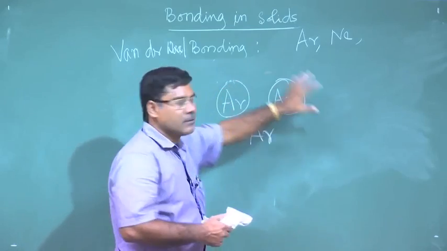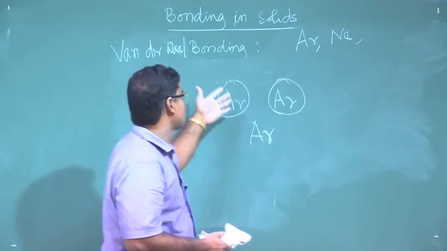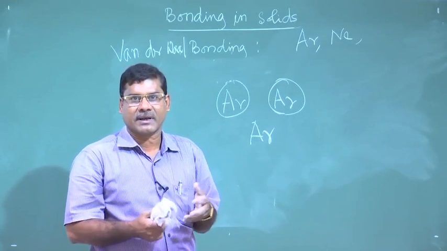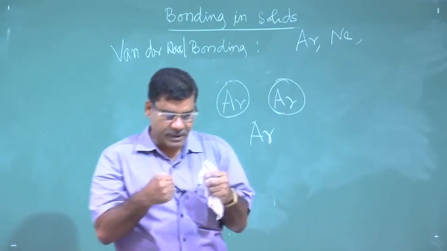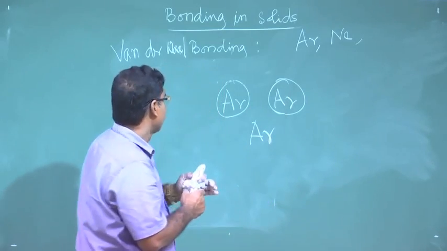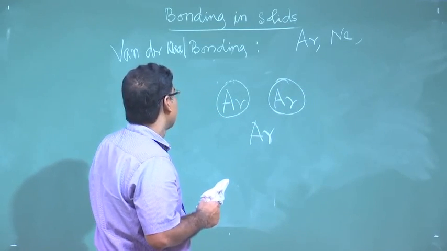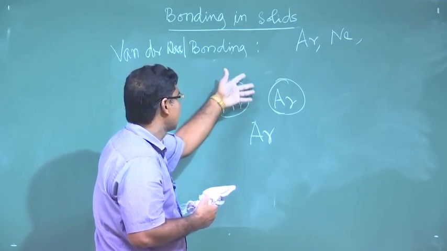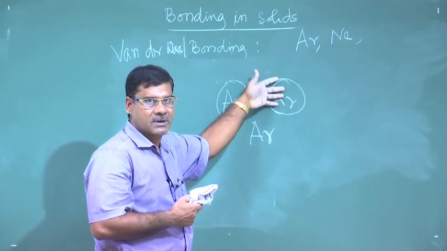Now this is the source of electrostatic force, dipole-dipole interaction. This type of bonding, holding of these inert atoms, is very weak, and this type of interaction is called van der Waals interaction, van der Waals force, okay.